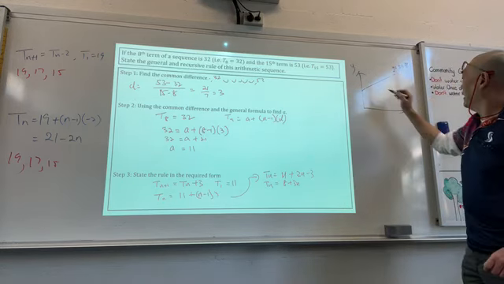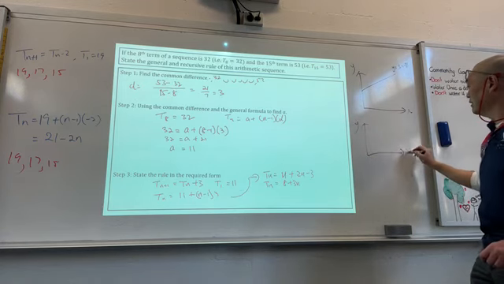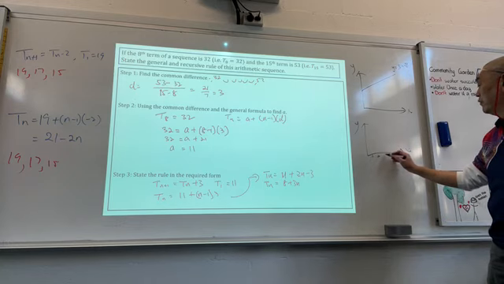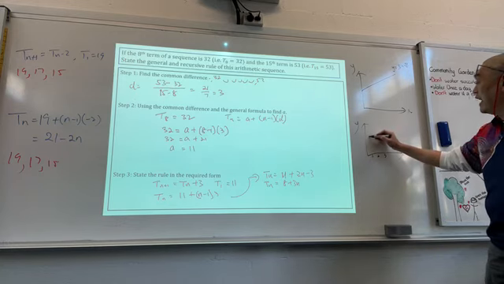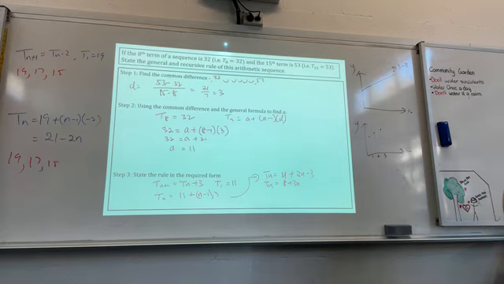Now this is your y and x. When we are plotting a sequence, with Tn and n, we don't start from 0, we start from 1, 2, 3, and it's actually just a dot. It's discrete.